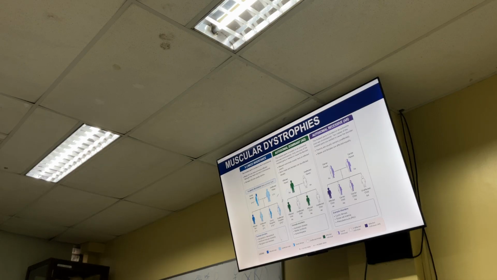If they have a child, it could be in the form of a male or a female. The chances are 50% that the child gets the affected allele and 50% that the child gets the unaffected one.